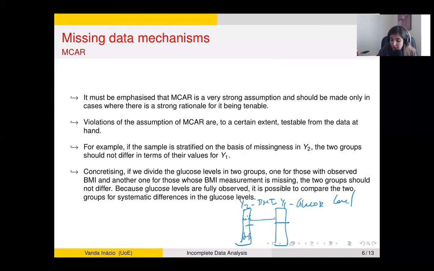So basically, I form two groups of glucose levels, and under a missing completely at random assumption, the distributions of the glucose levels in these two groups should be similar.